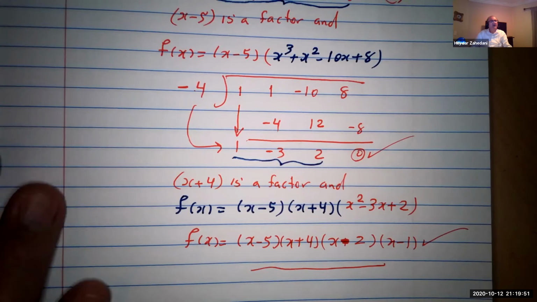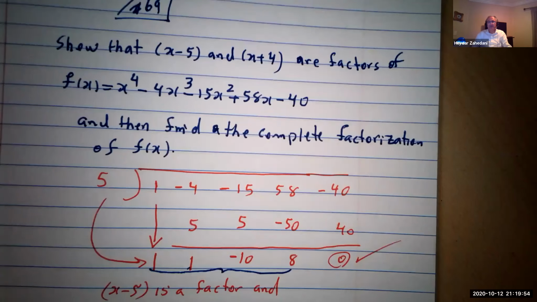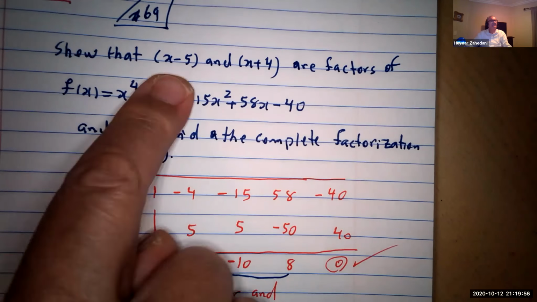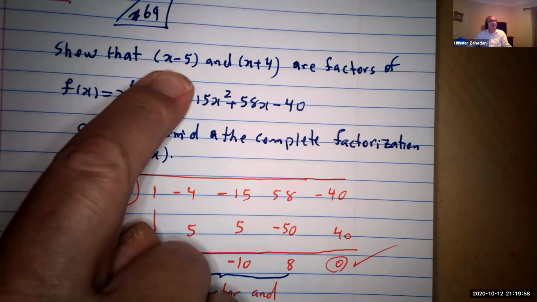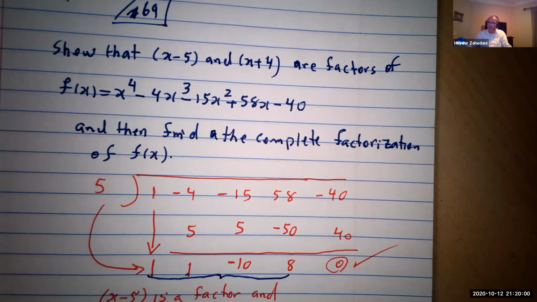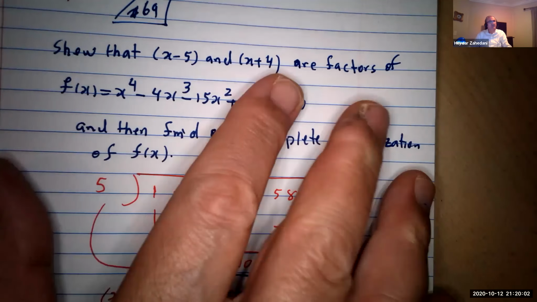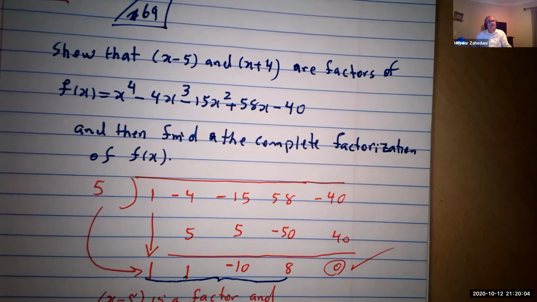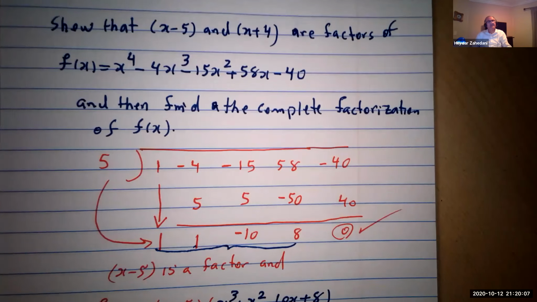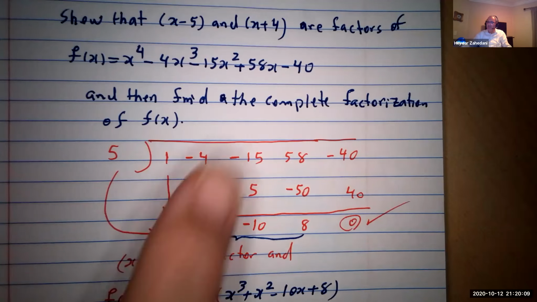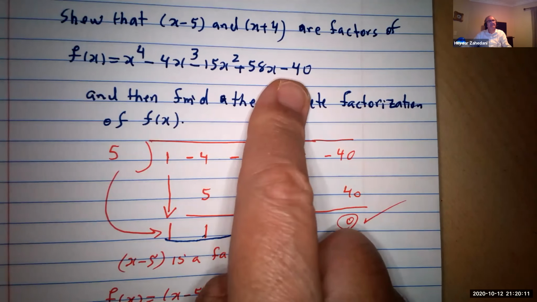The question is, how are we going to find that first factor? If you know what that factor is, then you should be able to do the rest yourself. There is a theorem that I'm going to talk about next time. We find it from here. This 40, look at 40.